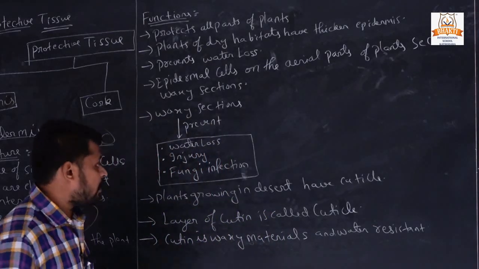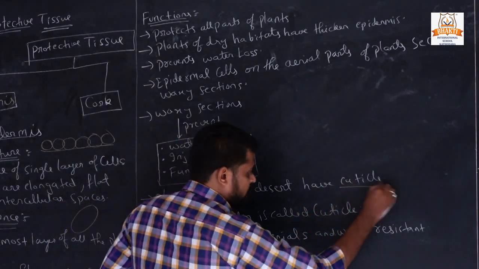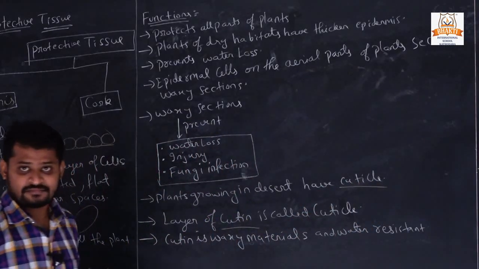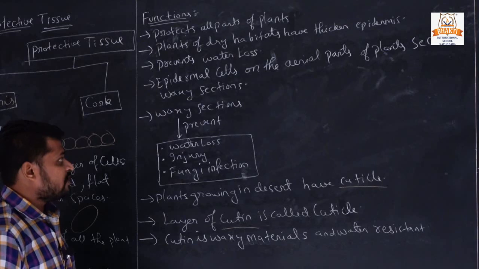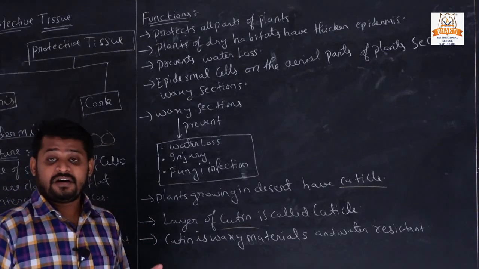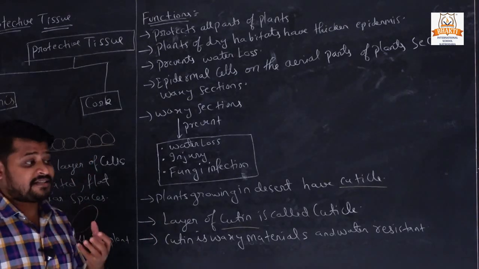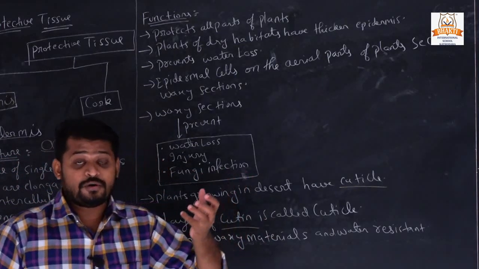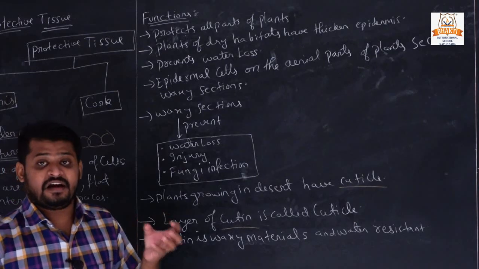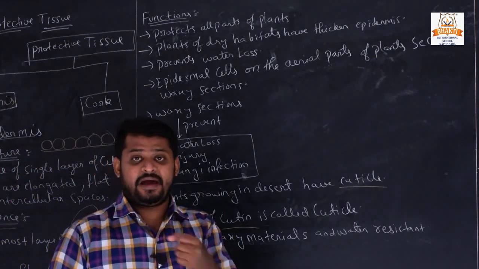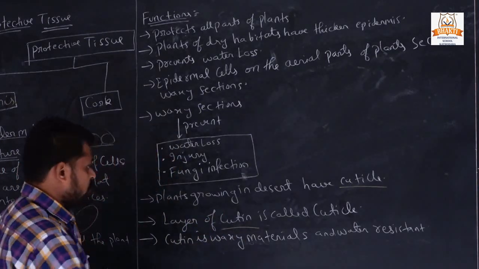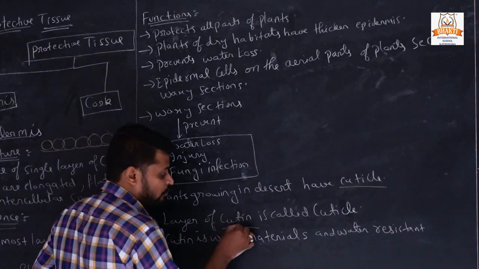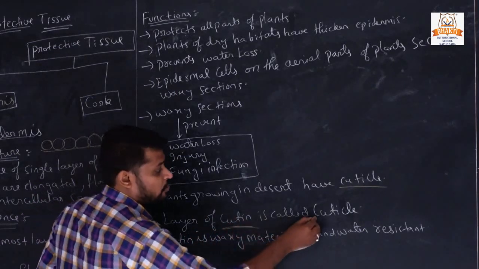That is the cuticle, meaning cutin. What is cutin? Cutin is a secretion produced by the plant parts to prevent water loss in a dry habitat. They release cutin, that's why it is called cuticle.